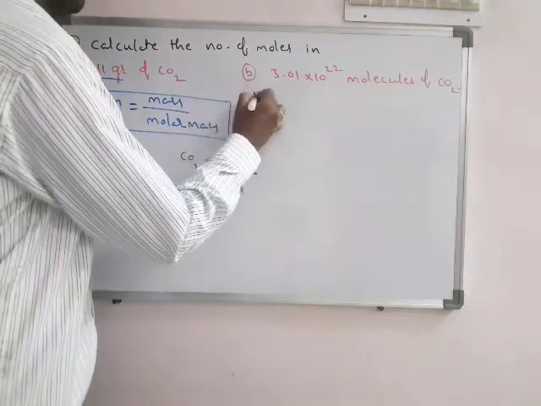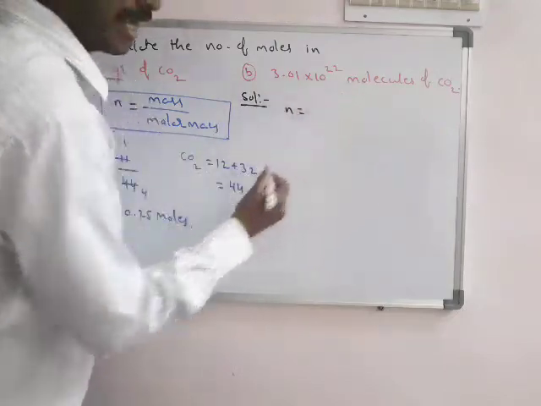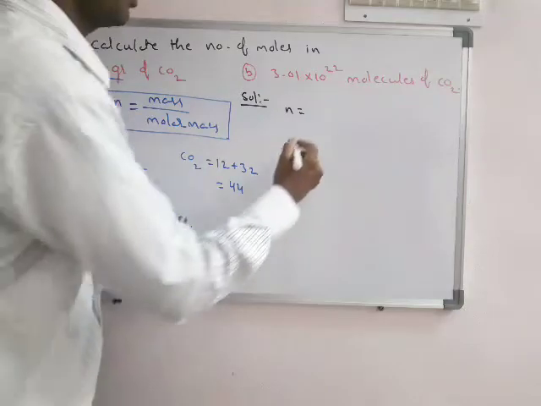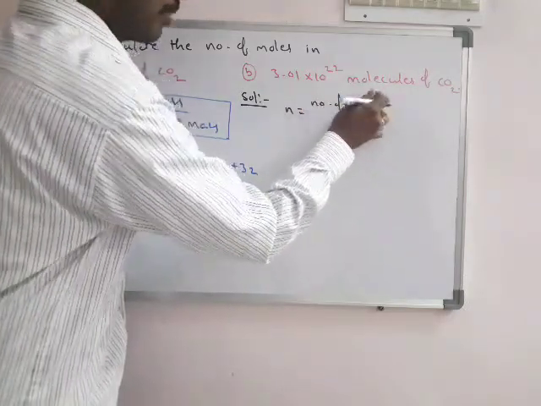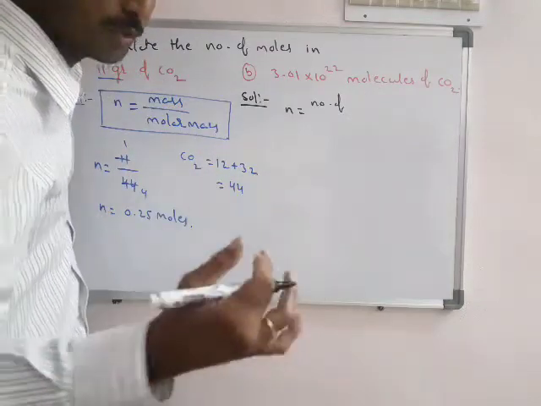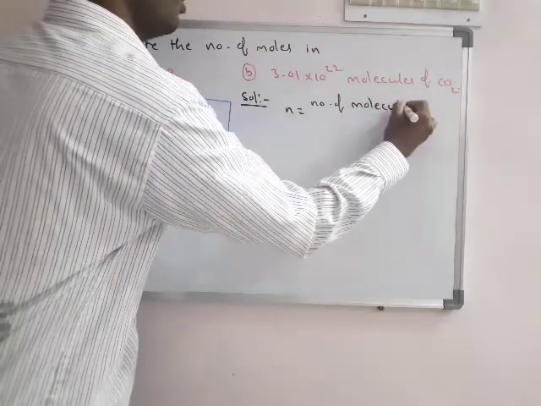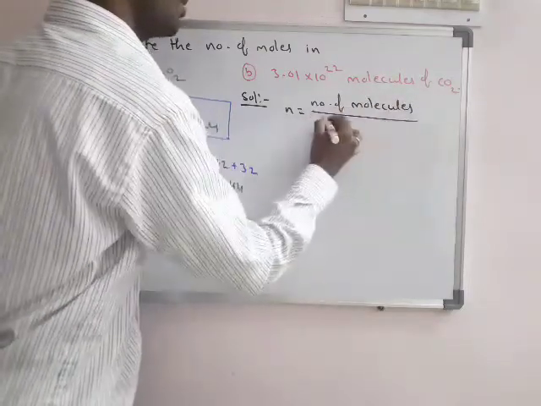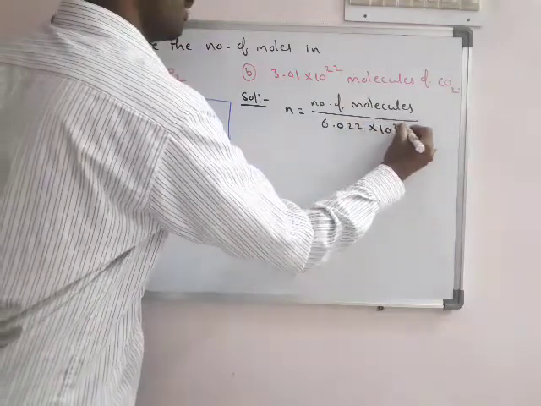We know that number of moles equals the number of given particles, here molecules, divided by Avogadro number, 6.022 into 10 power 23.